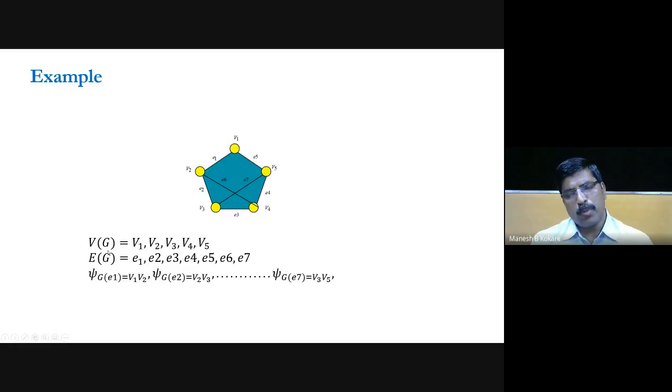Now, if you know the V of z, the E of z, and the incident function of the known patterns as well as the unknown pattern, then how do you do graph matching, or how do you classify that unknown pattern? Whether it belongs to class C0 or C1 or something else.